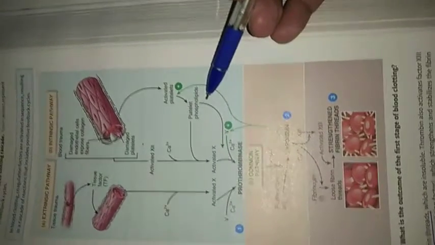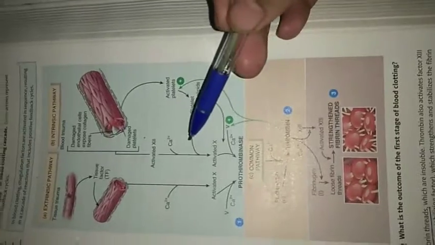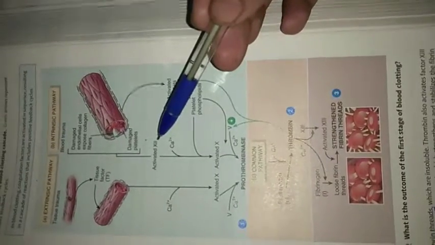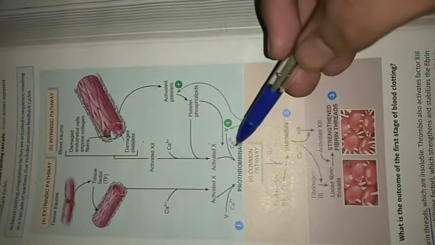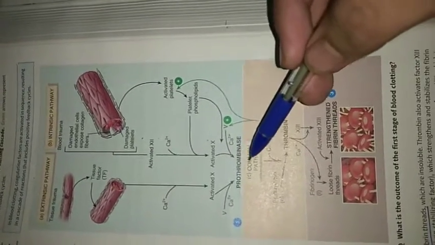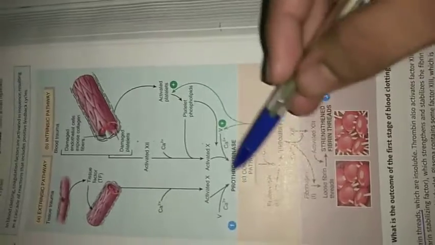Platelet phospholipids along with calcium ions and activated factor 12 activate factor 10 and form the prothrombinase, and then follow a common pathway.